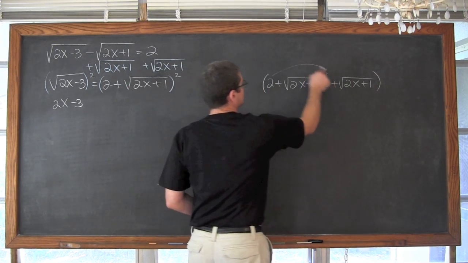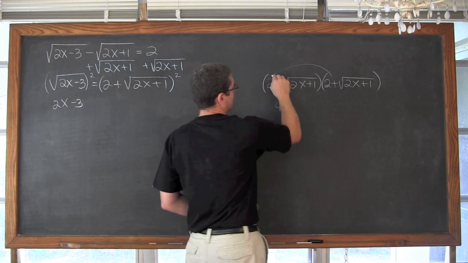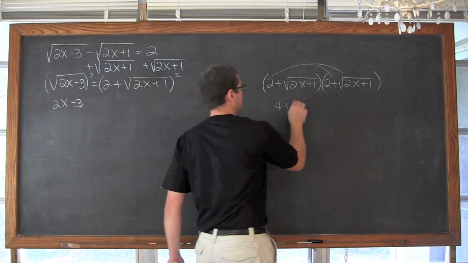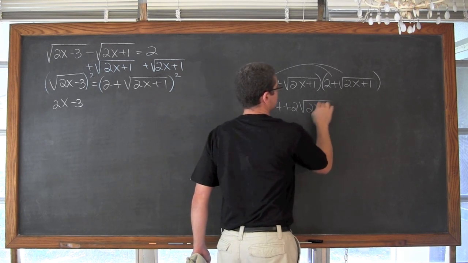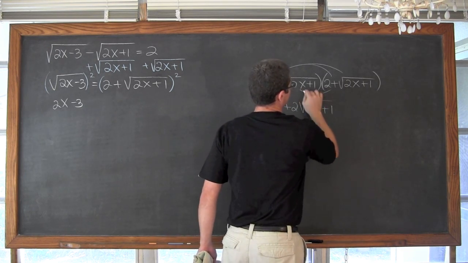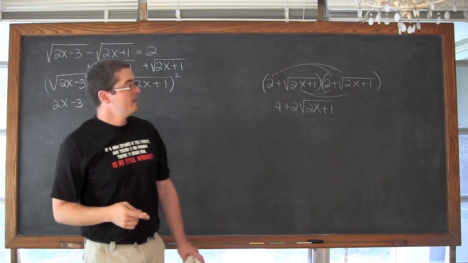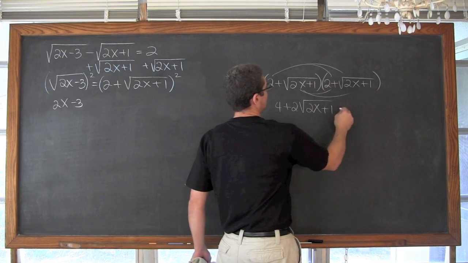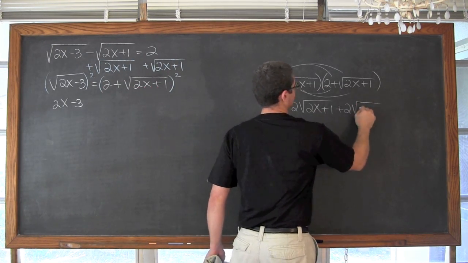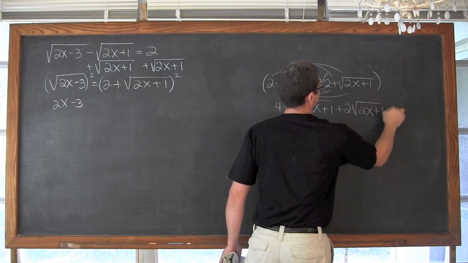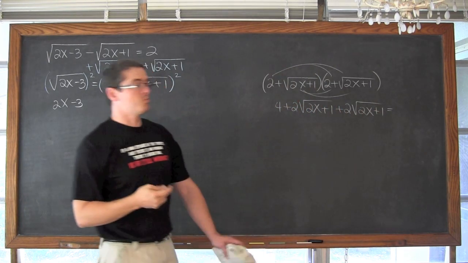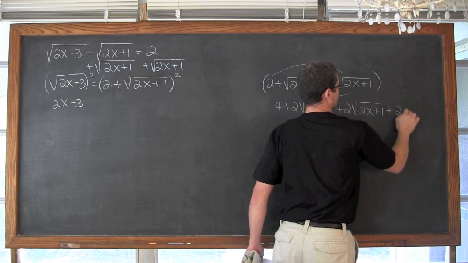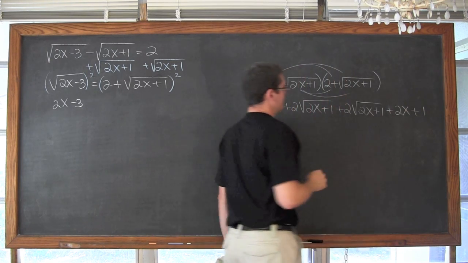So we have 2 times 2 is equal to 4. We have 2 times the square root of 2x plus 1, which is 2 square root of 2x plus 1. And we're going to go ahead and distribute now the second term in that first binomial through. And we have 2 times the square root of 2x plus 1 again. And then finally the square root of 2x plus 1 times the square root of 2x plus 1 is going to be just simply 2x plus 1.